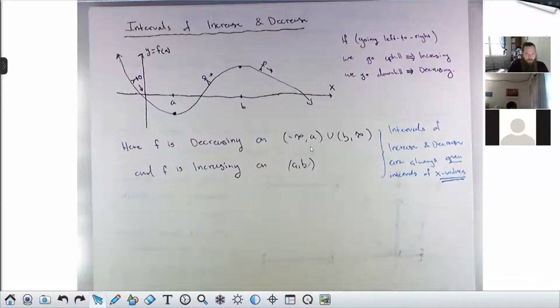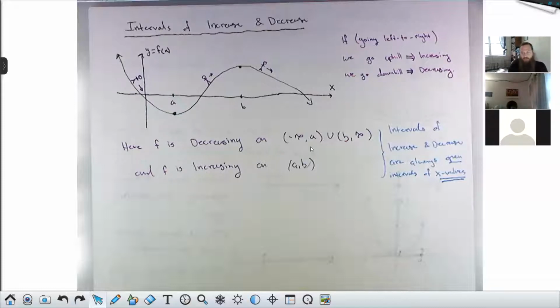There is another answer to that question, which is slightly more technical. In calculus, one of the ways to discover where a function is increasing and decreasing is to find a related function, another function called the derivative, and then to figure out where that function is strictly greater than 0 or strictly less than 0.